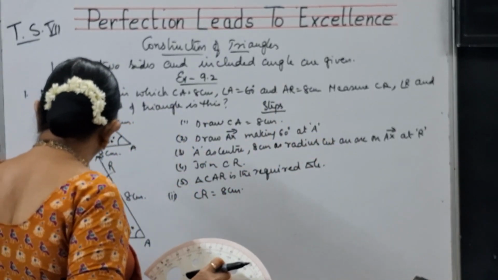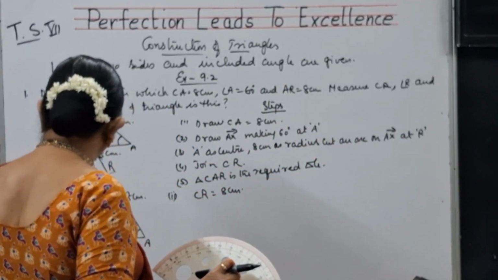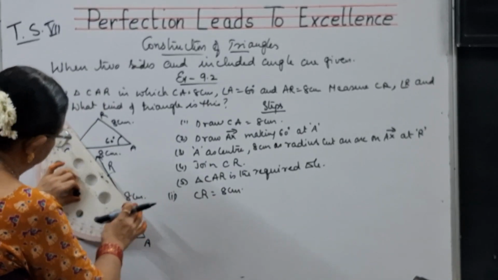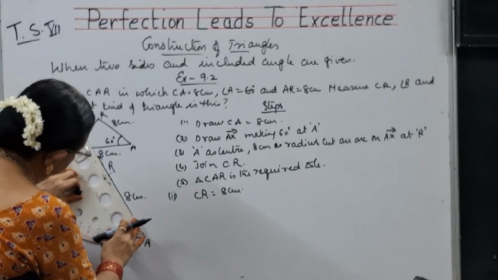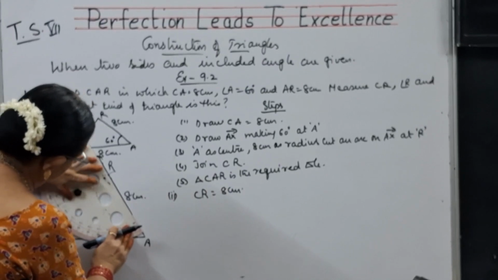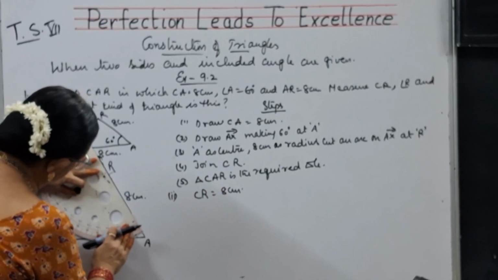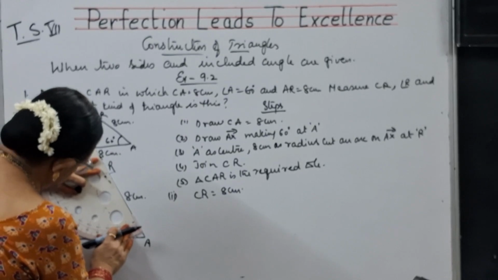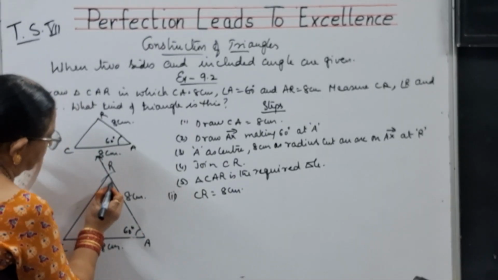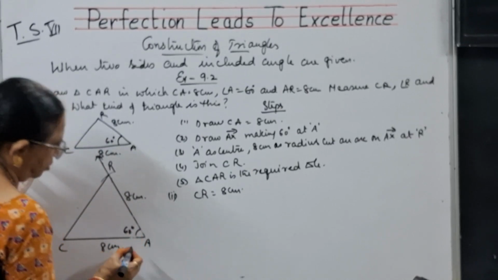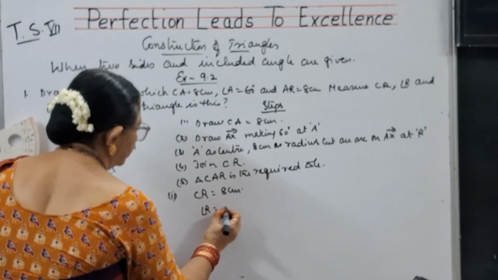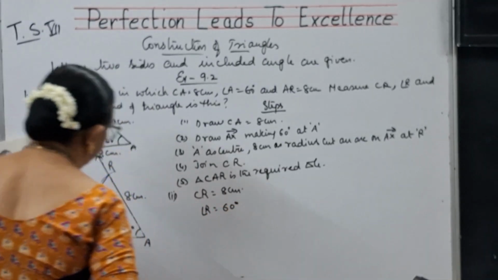So no need to write it here, children, you will be confused later on. Just write the measure over there. Angle R: put your protractor here and see what angle you have got at R. You will be getting angle R as 60 degrees.